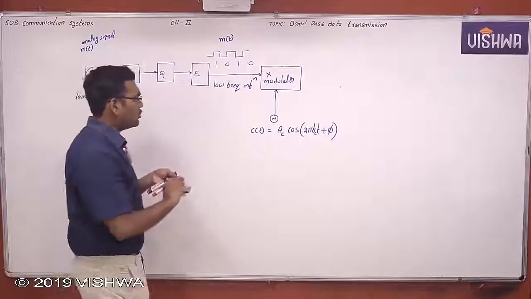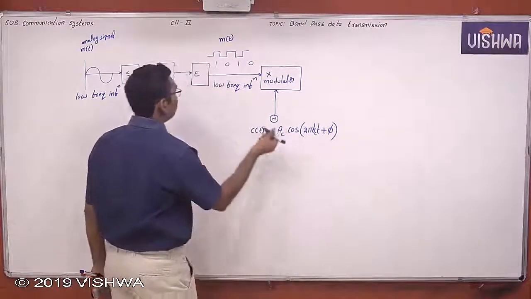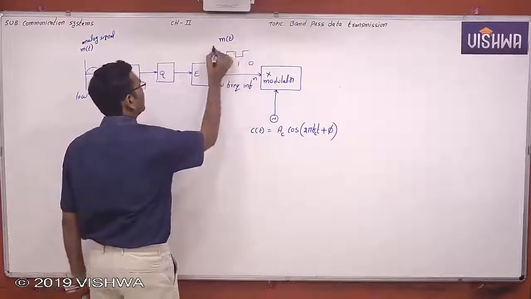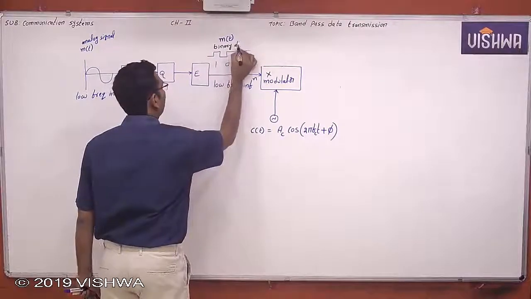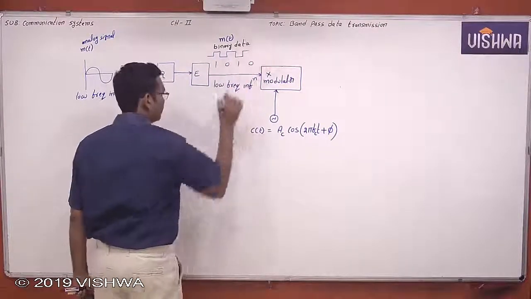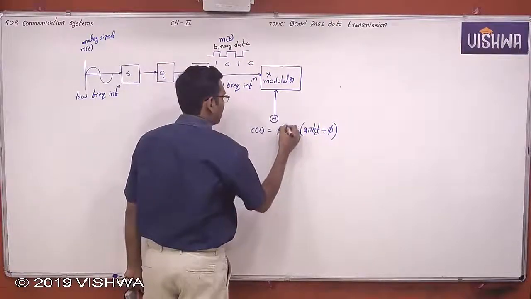Now, let us assume, for example, that the modulation is done. This is a message signal, but now it is binary data, binary information. One of the carrier characteristic parameters is amplitude.